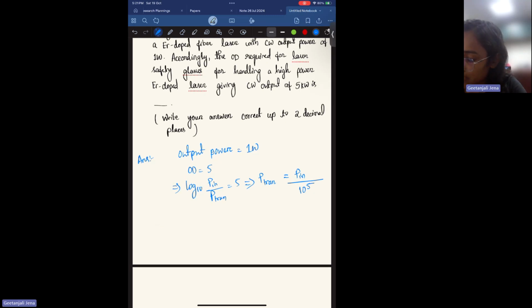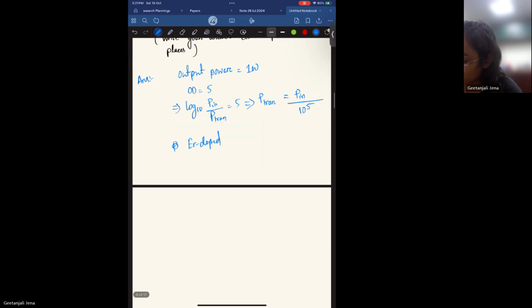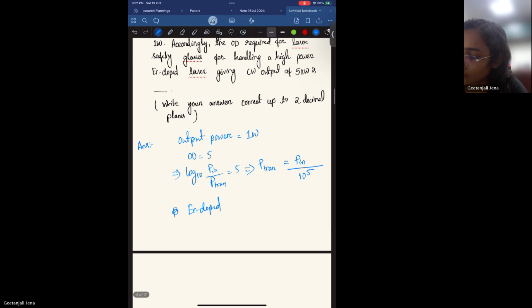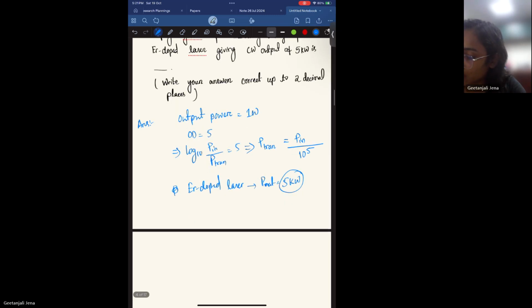So this is given for the next part, erbium doped laser. It is a P out of 5 kilowatt. So that means this will be the P in for the goggles. So P in equals 5 kilowatt for the goggles.